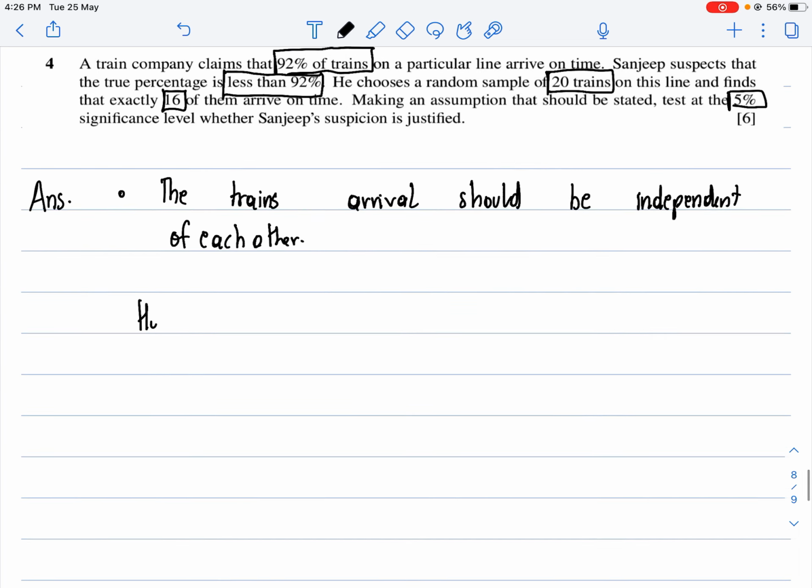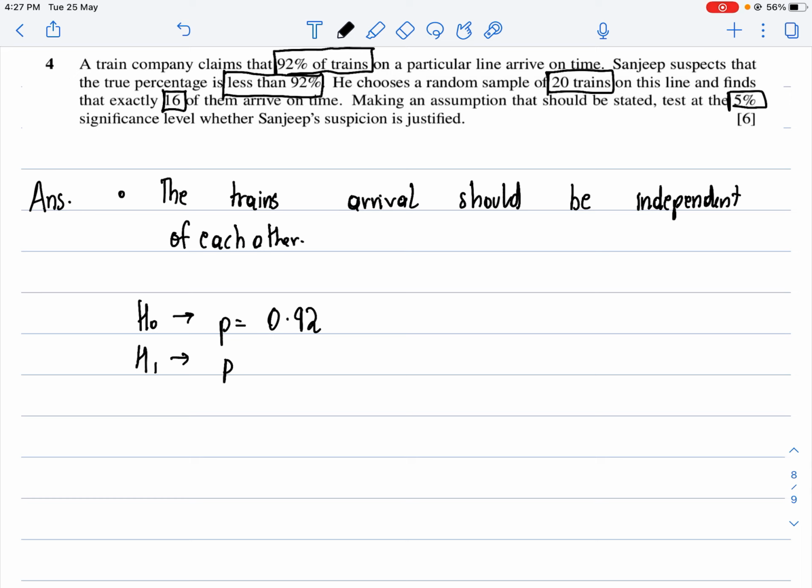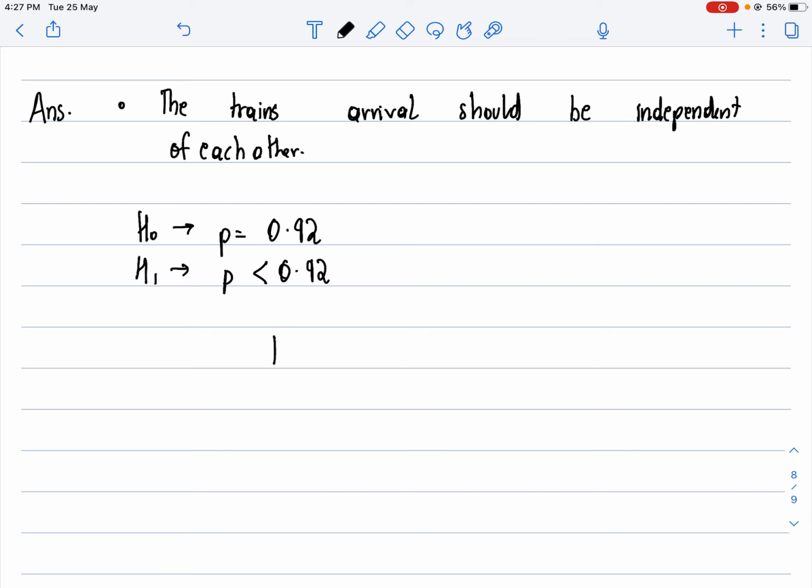I take my null hypothesis as the probability equals 0.92, because that's the first claim. My alternative, or rival claim, is that the probability is less than 0.92. Now I apply the trick I told you about, with x.